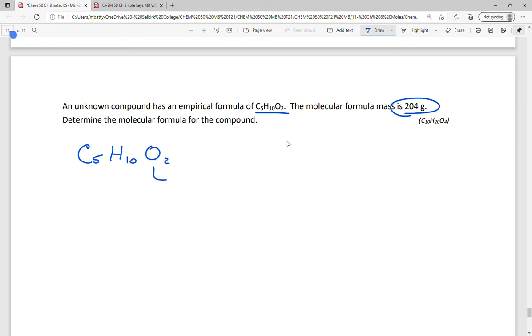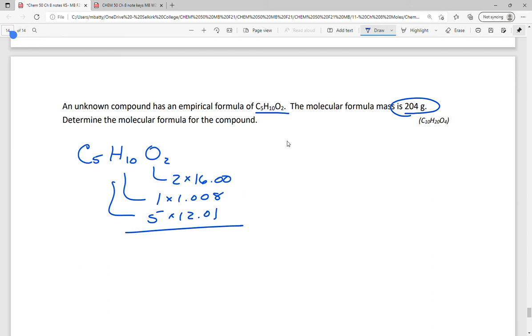We know the molecular mass, or the molar mass I should say, of this empirical formula, which we can calculate in our normal way. If we compare these two, we have the molecular formula mass divided by the empirical formula mass to figure out what that scale version is.